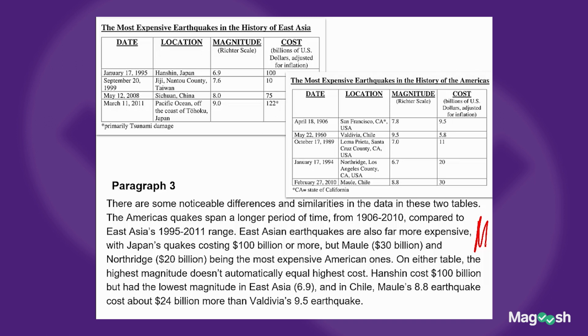Okay, so really providing details there to explain this interesting trend. It appears that again, the cost is not really correlated with the strength. So in that last paragraph, paragraph 3, just simply pulling out data to support the basic idea, showing these interesting contrasts between these 2 tables.